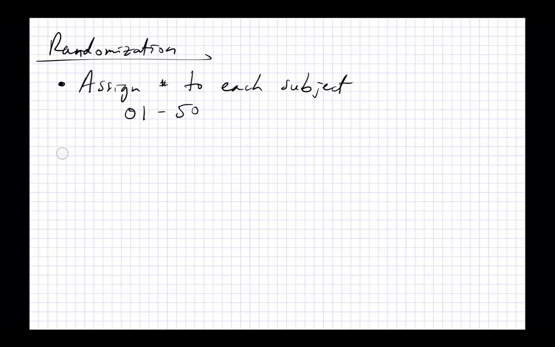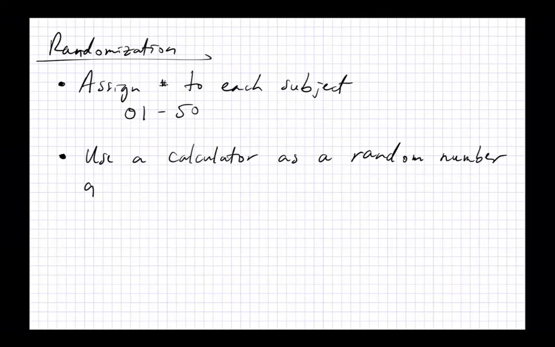After that, okay. So I would say first 25 randomly chosen. Oh, whoops, nope. I got to say how I'm going to do it. How am I going to randomly choose people? Use a calculator. Use a calculator as a random number generator.